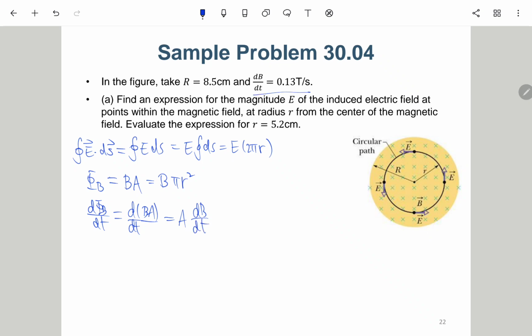Actually the problem gives you dB/dt equal to this value, so we can just make use of it. It is nothing but 0.13, and this A is pi r squared.